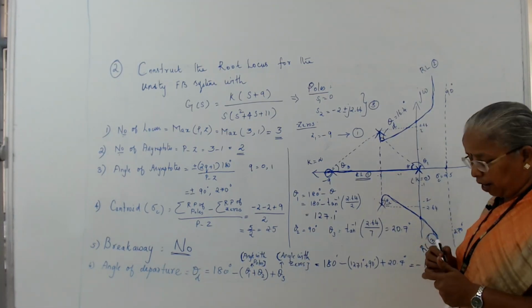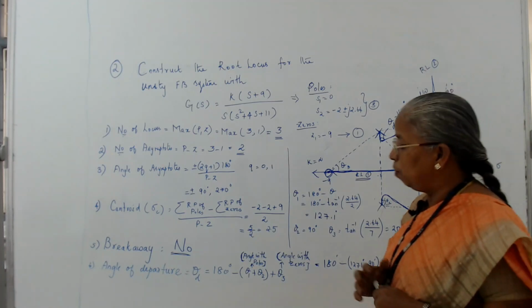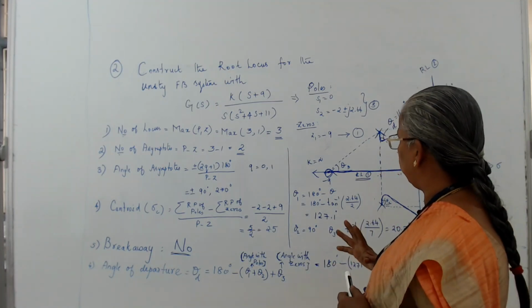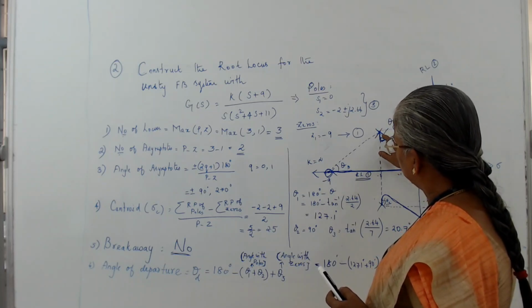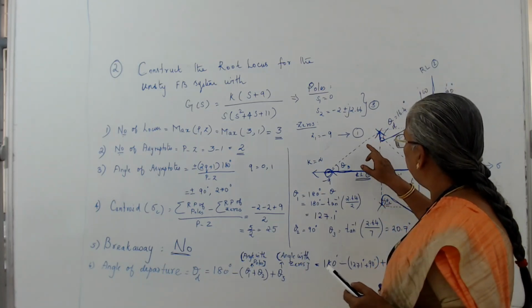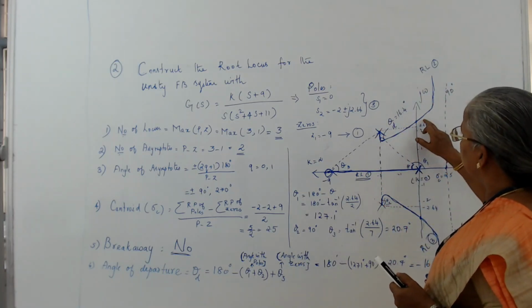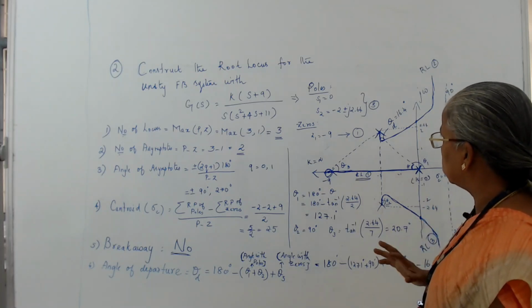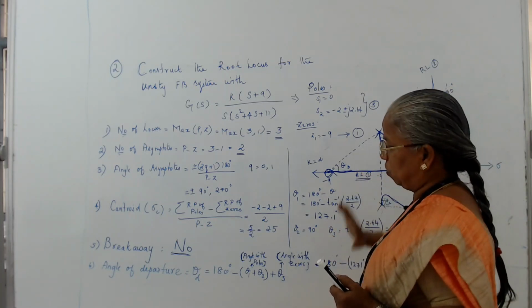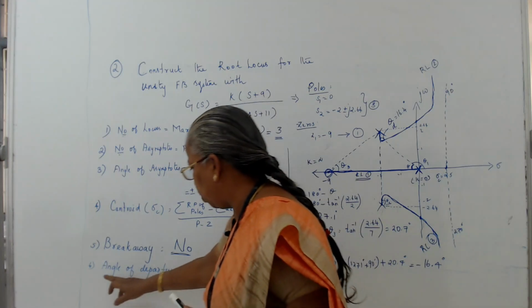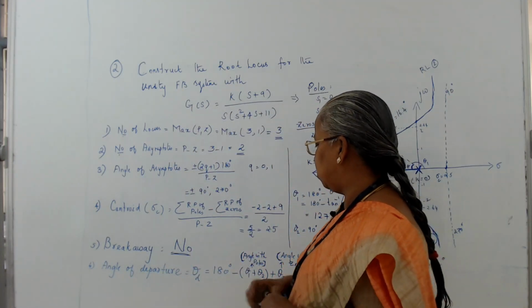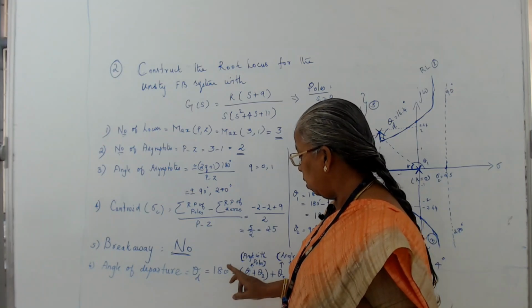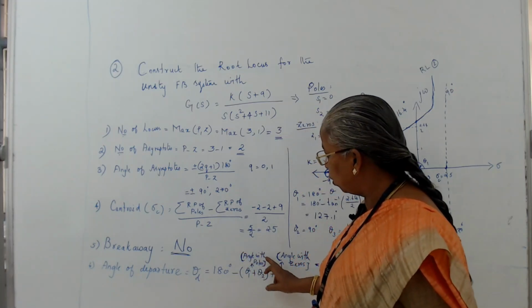Now I need to calculate the departure. Two things we need to calculate: one is the angle of departure from these two poles, and the other is where it intersects the imaginary axis. Let us first discuss the departure. What is the angle of departure? The angle of departure theta d is 180 degree minus the angle made with poles.